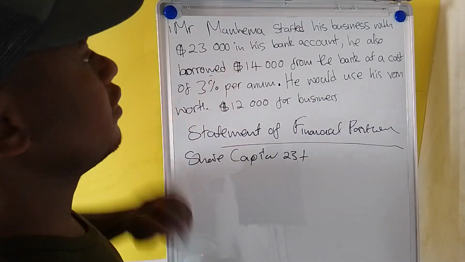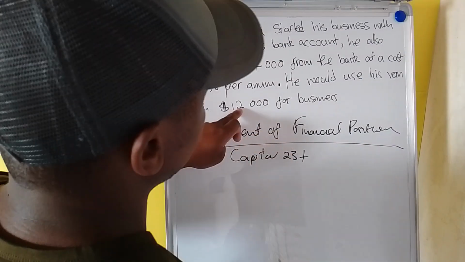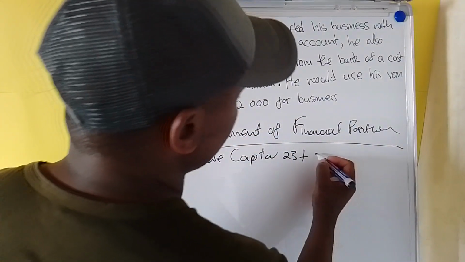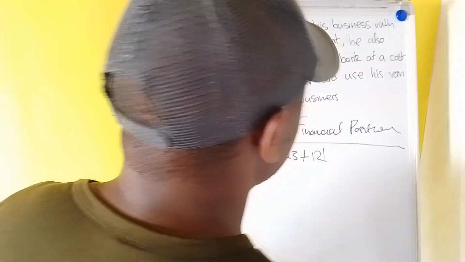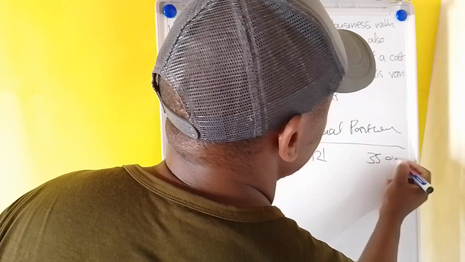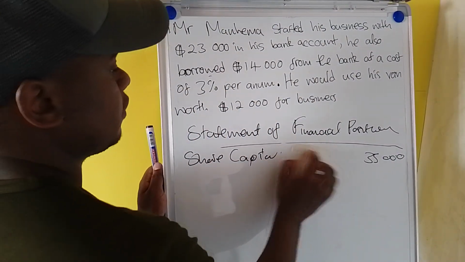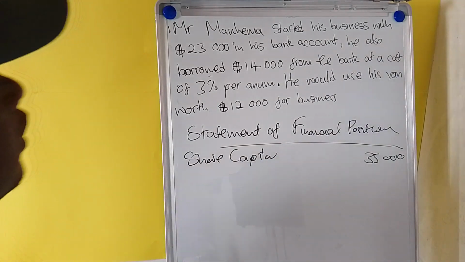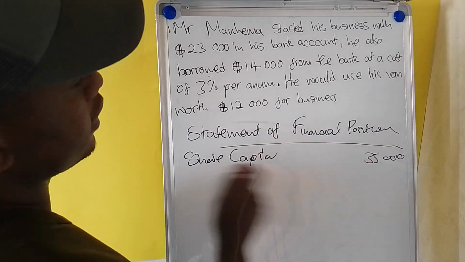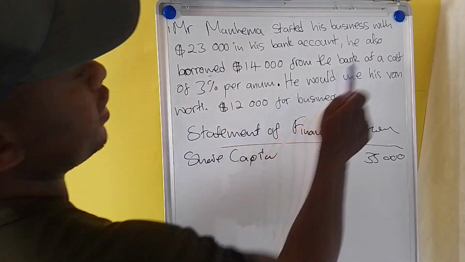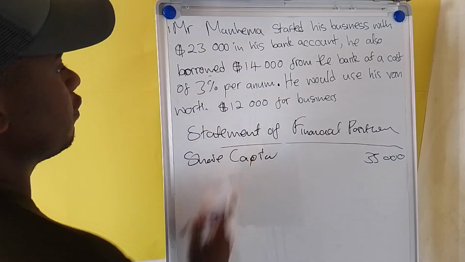Then on the second statement there is no item of capital. On the third element we've got 12,000, and this will give us capital of 35,000. Now let's look at liabilities. Liabilities are there on the second statement. He also borrowed 14,000 from the bank at the cost of 3%.